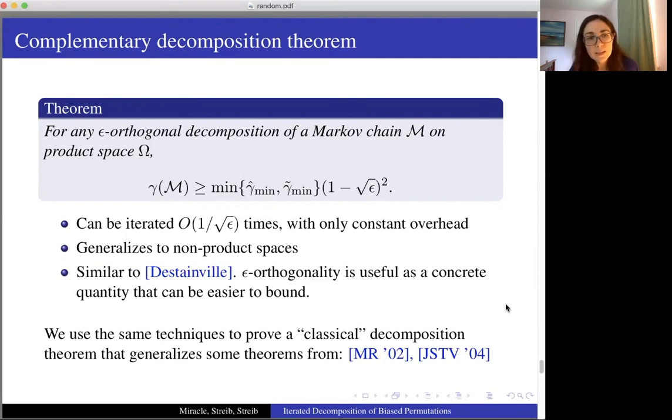And our result is similar to a result of Disdainville, but we think this introduction of the epsilon orthogonality condition is useful, as we think it's an easier quantity to bound. Okay, and finally, we use the same techniques to prove a classical decomposition theorem. By classical, I mean it actually uses the projection chain, and it does generalize some theorems that have appeared earlier.